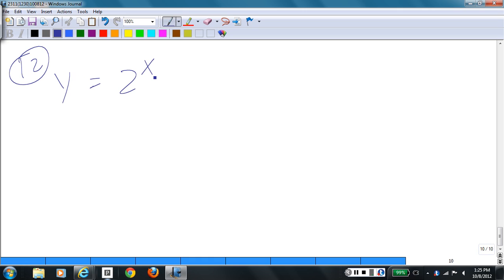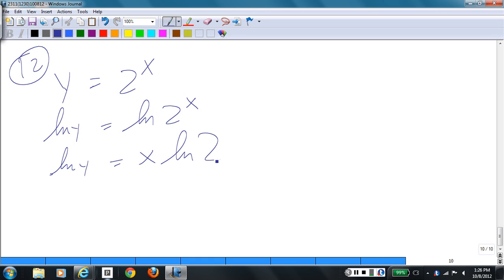Again, logarithmic differentiation. When there's a function of x in the exponent, that's a good place to go. So natural log of y equals the natural log of 2 to the x. Take the x and bring it out in front. Natural log of y equals x times the natural log of 2.